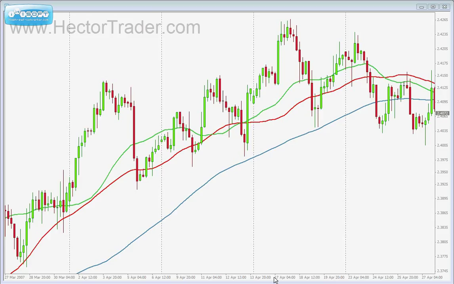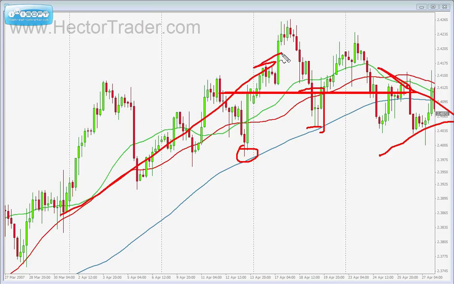All of them parallel to each other, all of them pointing in the same direction, no crossover whatsoever, all of them in order, etc. And you will see by yourself that when the 50 simple moving average is breached by a long way, like here, almost getting nearer and nearer to the 100 simple moving average, you will see that there are chances that you will begin to move sideways rather than trending anymore.